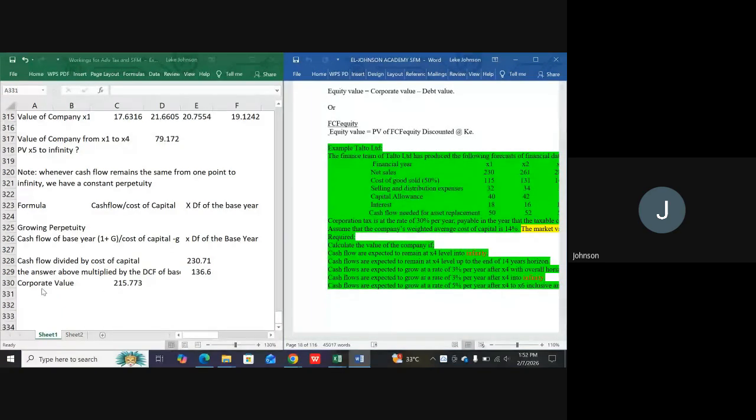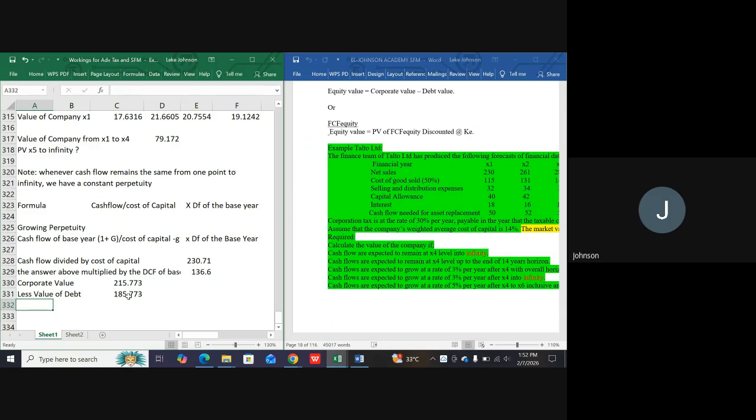I'm trying to get the value of equity, so we want to less the value of debt. So we say equal to this minus 30. When we do that, we are going to get this. So this is our value of equity.